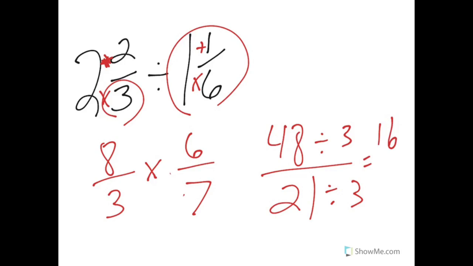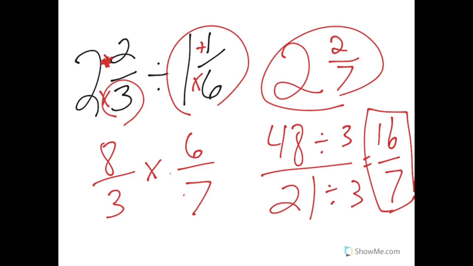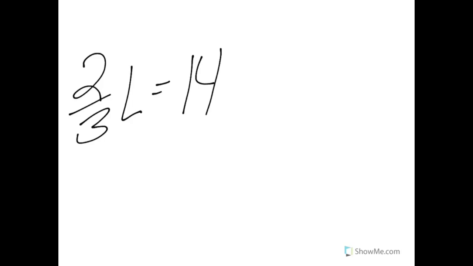Okay, that gives us 16/7. My answer is not going to be an improper fraction. I want to make that back into a mixed number. 7 goes into 16 twice. 7 times 2 is 14, 15, 16. There's 2 left over. Denominator stays the same. I end up with 2 2/7.